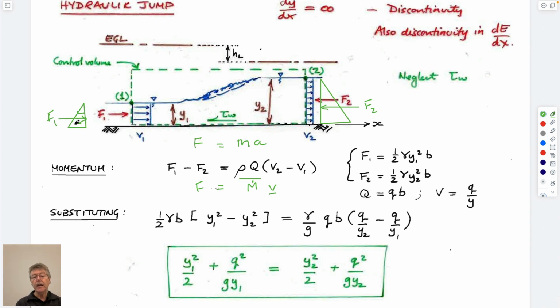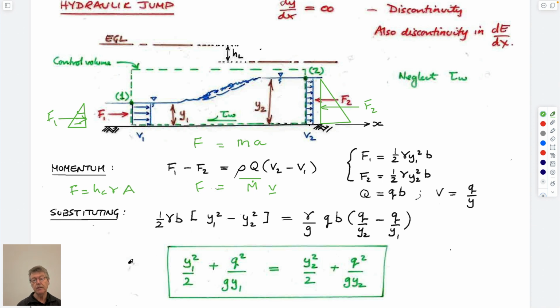The force is this triangular distribution, which is a half unit weight times the thickness into the page of the reservoir, of the flow, and the y squared, the depth squared. So you remember that the force is equal to the height of the centroid times unit weight times the area.